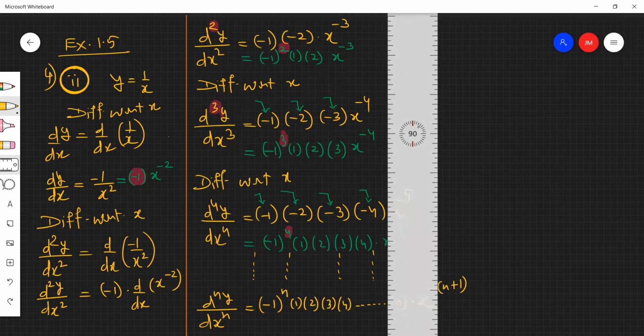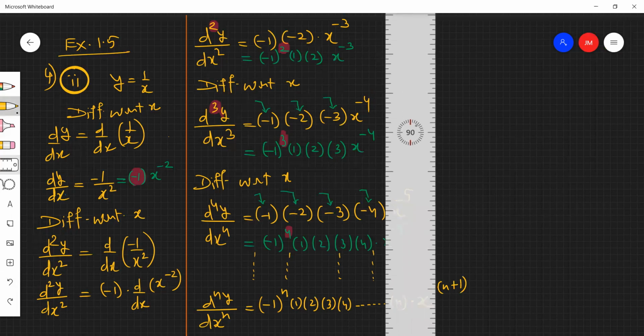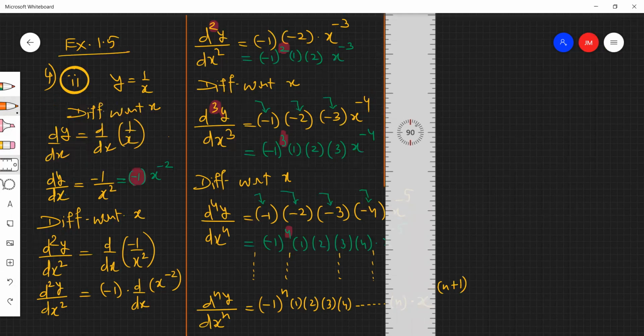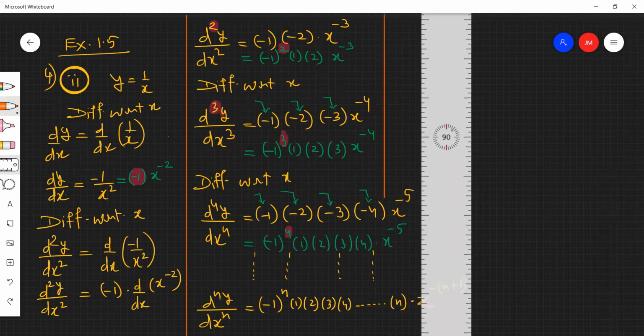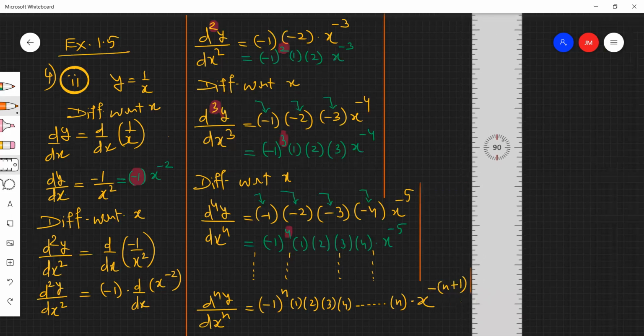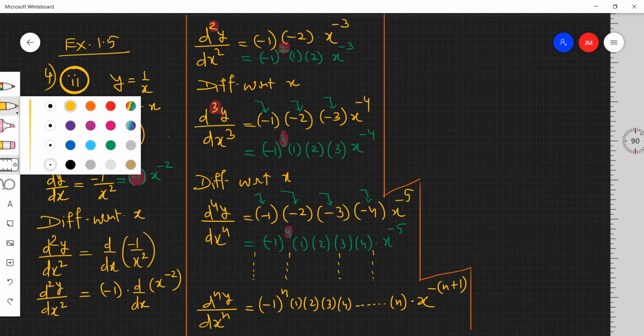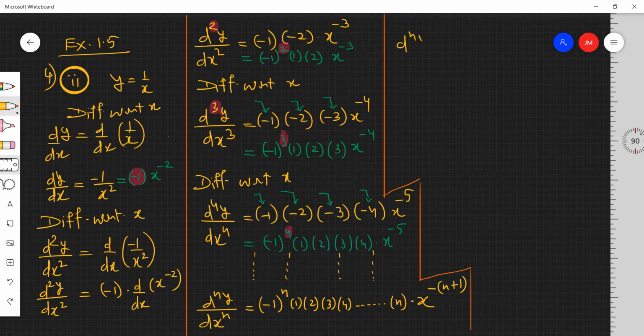So in the next step, I will write therefore d^n y upon dx^n is equal to minus 1 raised to n into n factorial.